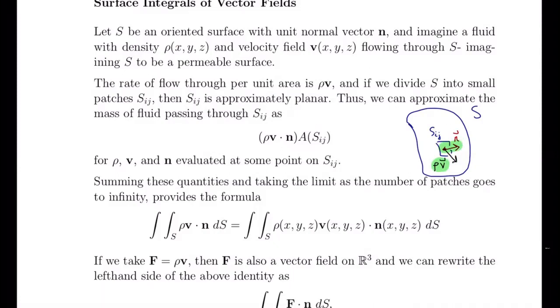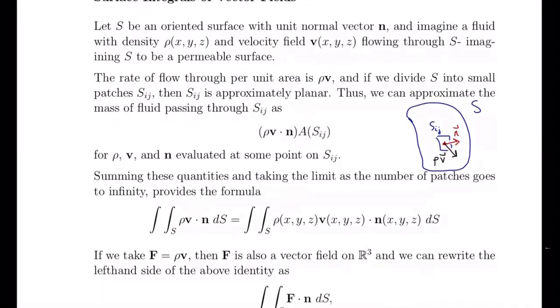So that's what we're going to measure for this surface integral. And as such, we know that the area of this patch, well, we'll just call it A of Sij. We know, of course, that will be a cross product later on, or some kind of normal vector definition.